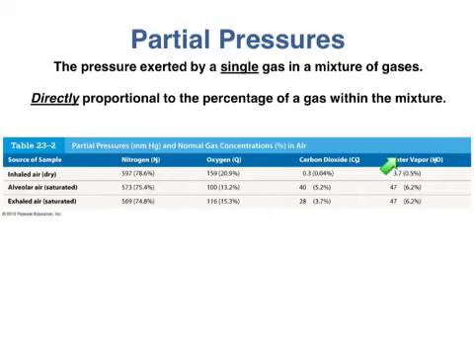Now, in the partial pressures, in inhaled air, it's mostly nitrogen. You have a little less than 80% nitrogen, about 21% oxygen, and small amounts of carbon dioxide and water vapor. If you look at the alveolar air, you have a little bit less nitrogen, a little bit less oxygen, more carbon dioxide, and more water vapor. The alveolar air differs from the atmospheric air because of gas exchange. So you have oxygen diffusing into the blood and being carried away.